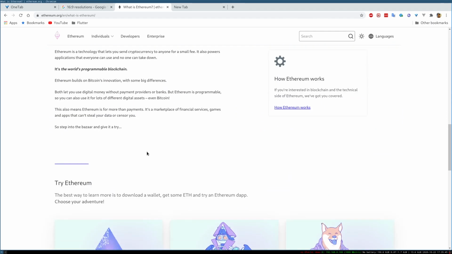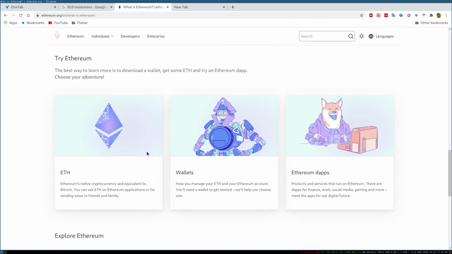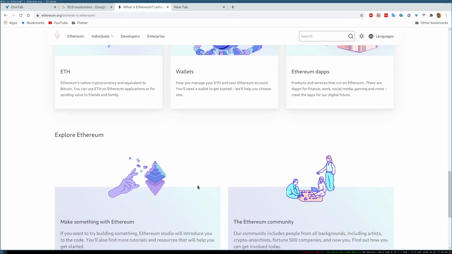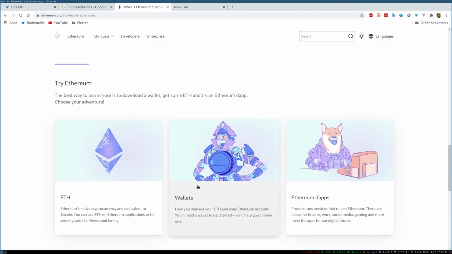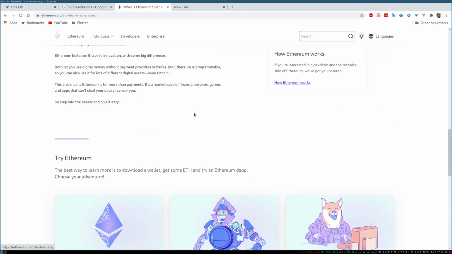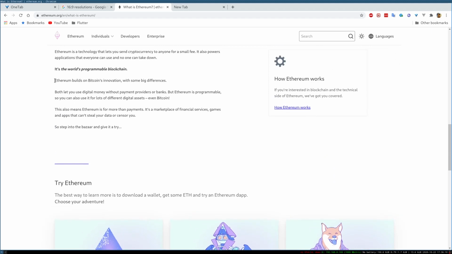But I prefer to understand from a technical perspective, which is about these three things actually: Ether, the wallet, and the apps. So they say that Ethereum is built on Bitcoin, and it has innovation, like it's programmable.